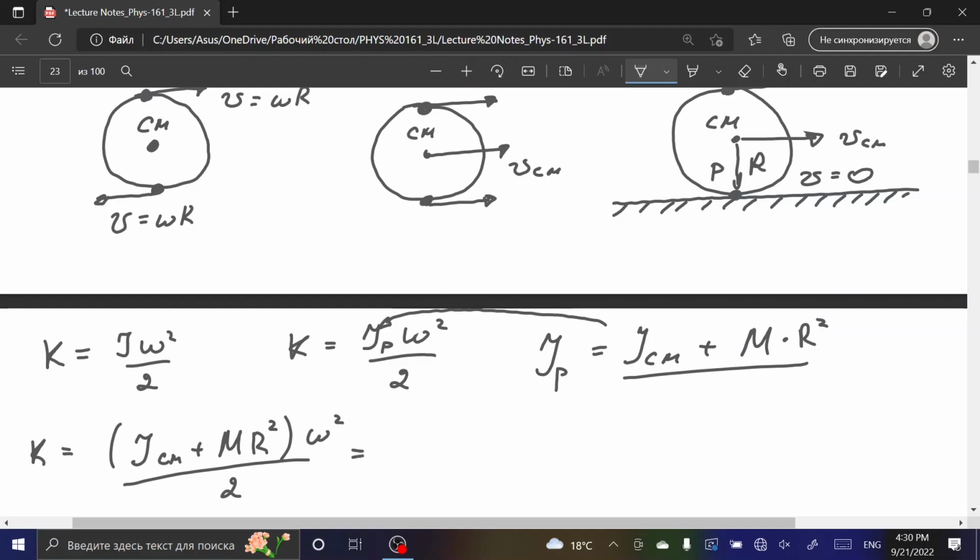Now let us open this parenthesis. We will get I center of mass times omega squared over 2 plus capital M r squared times omega squared divided by 2.